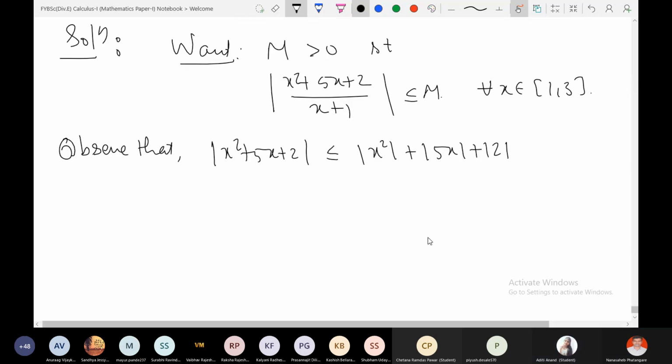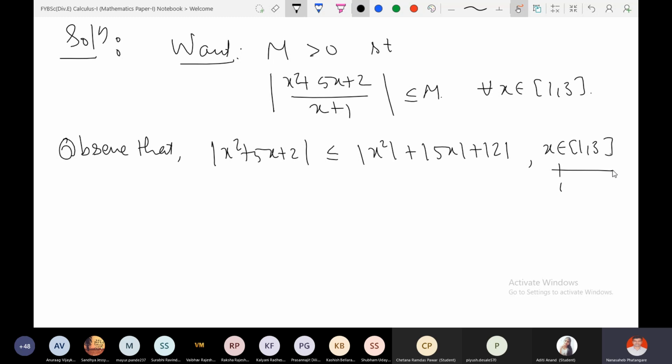Yes. Now, but where is my x? x lies between 1 and 3. If I replace x by the largest value possible, what are the possible values of x? Possible values of x are between 1 and 3. What is the largest possible value? 3.